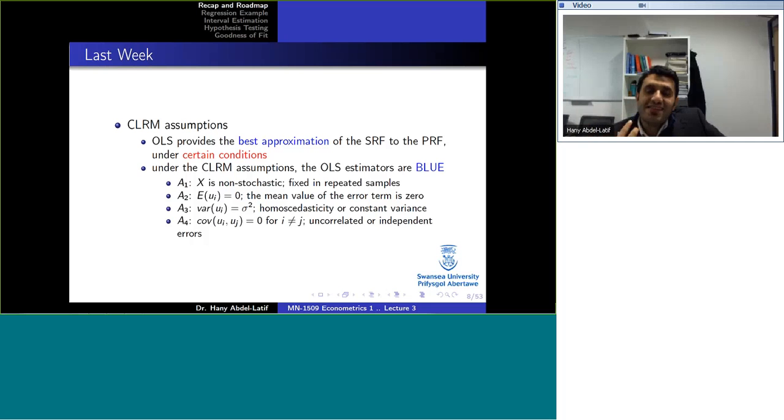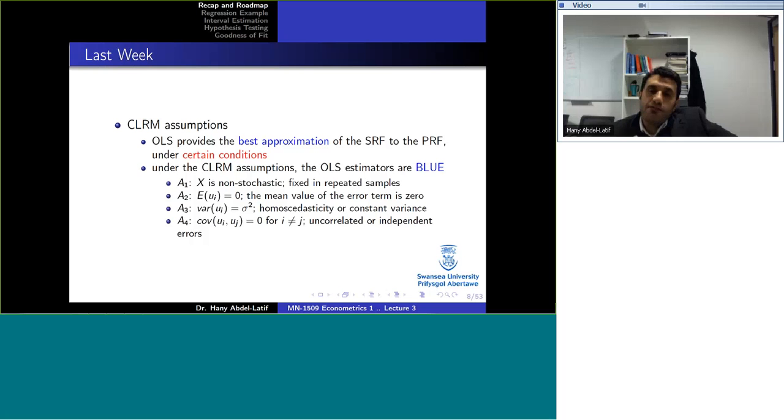The assumption number 3, the variance of the error term is constant, and we call it sigma squared. In that case, it's called homoscedastic error, or an error with a constant variance. This is an assumption that we will be testing for, whether it holds or not, in coming lectures.